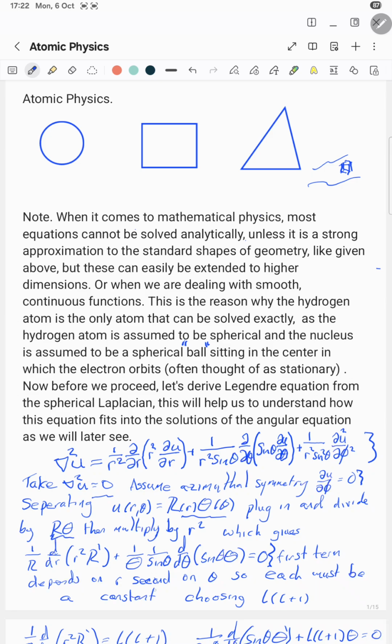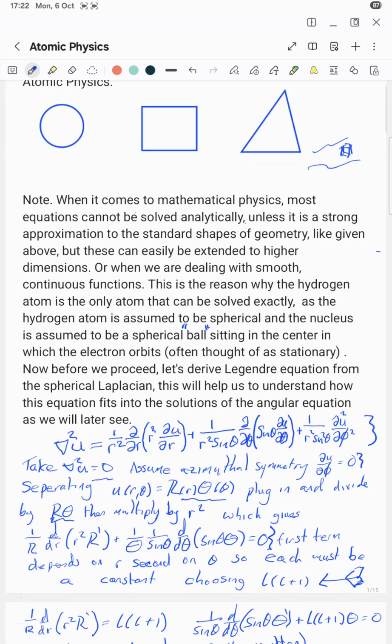The first term depends only on r and the second only on theta, so each must be equal to a constant. In this case, this will be the constant that practically everybody uses; I'm guessing that mathematicians derived that this was the best possible constant you could have for this type of equation.